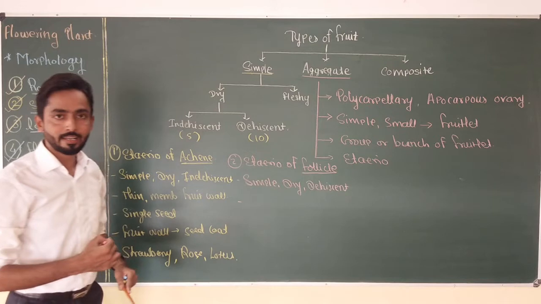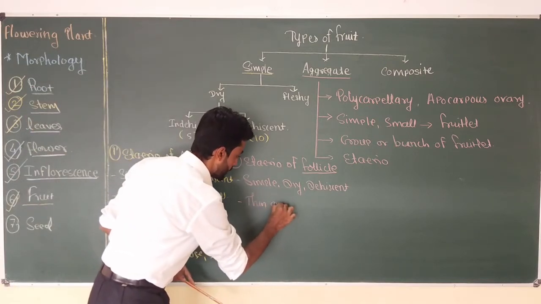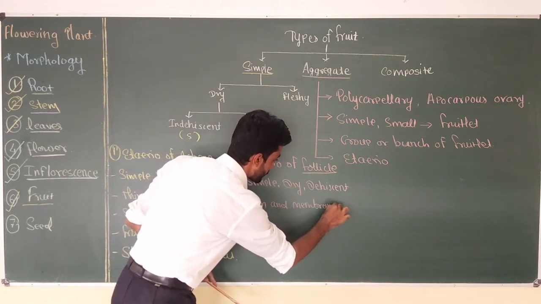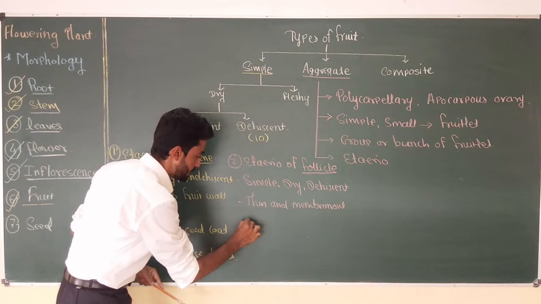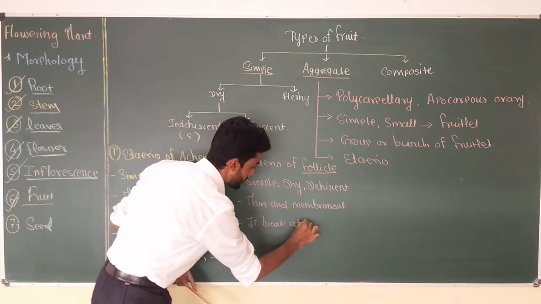The fruit wall is thin and membranous, and it breaks at maturity.